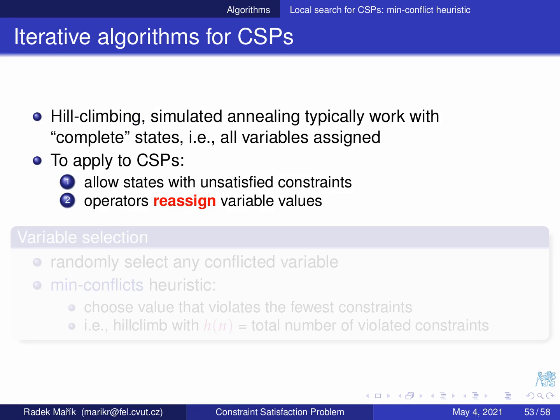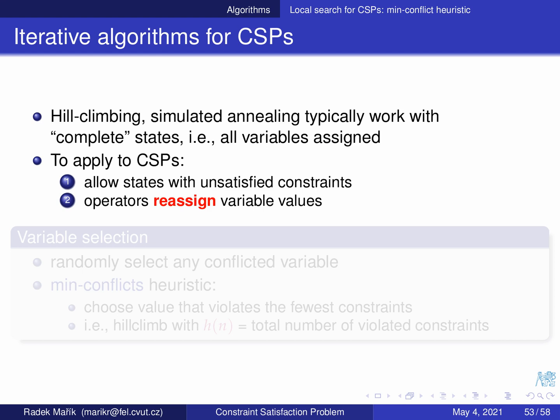Okay, and the last method I will present is so-called hill climbing or iterative algorithms for CSPs. Basically, it is like hill climbing or simulated annealing, working on complete states. That means all variables are assigned.